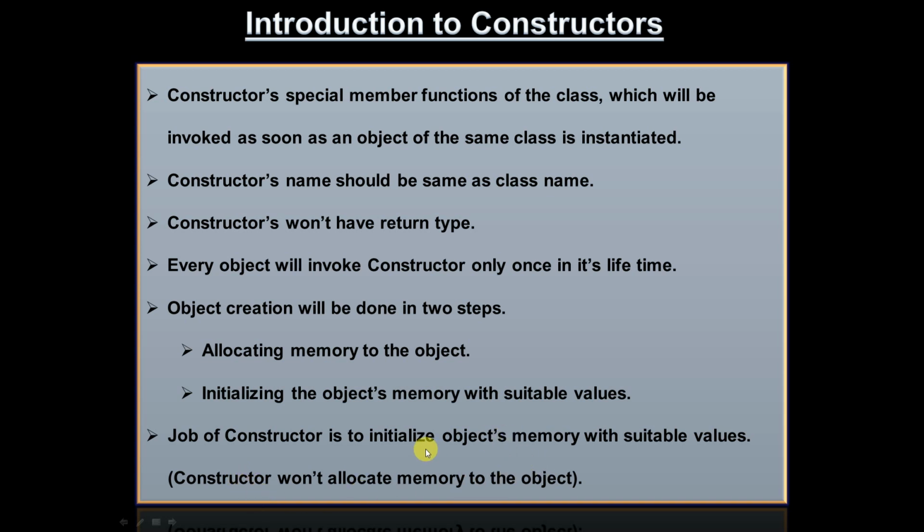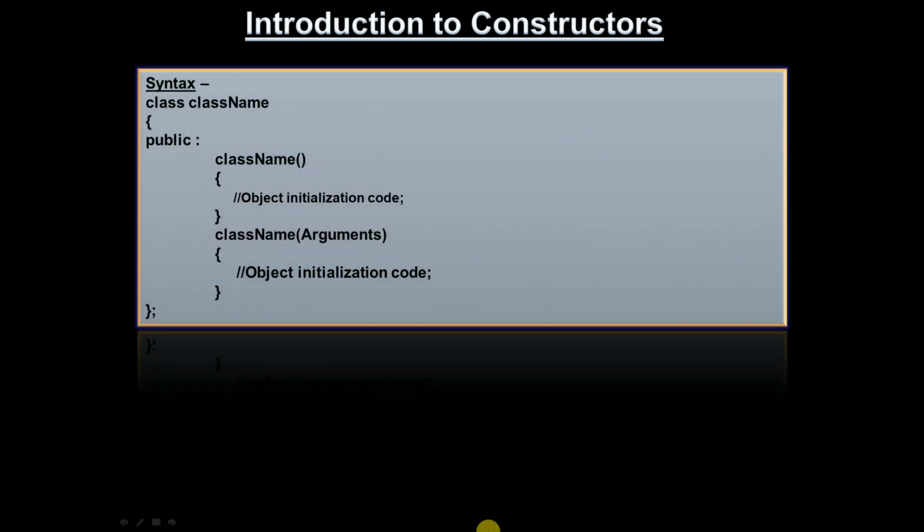Now, how do we write a constructor? Let's discuss the syntax. As we know, we write the class name and public. Make sure that all the constructors you write are present under the public access specifier only, because anything under the private access specifier cannot be accessed outside the class.